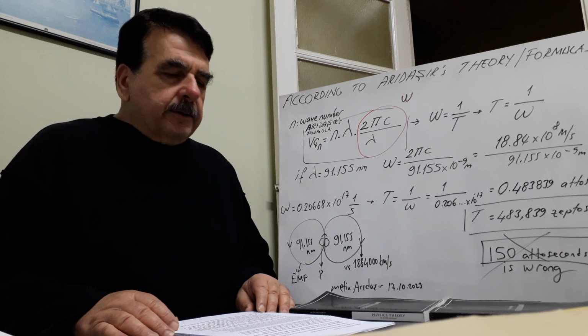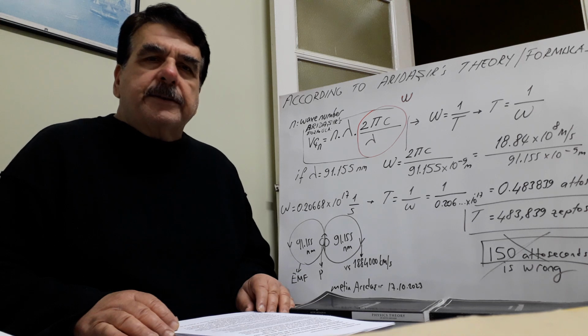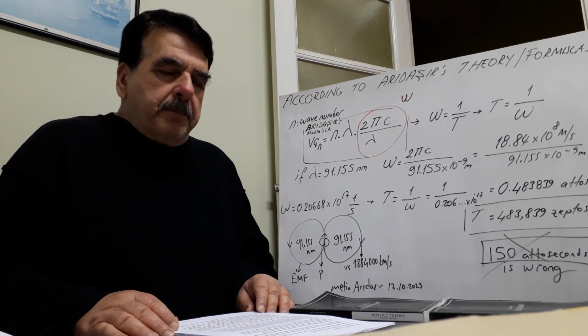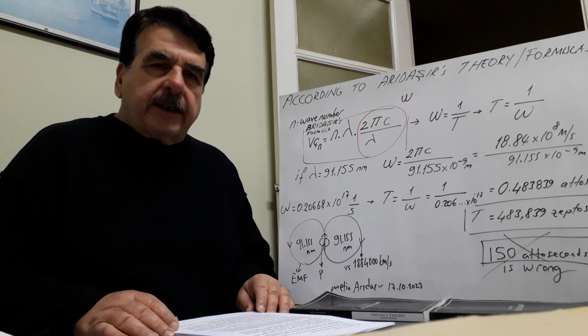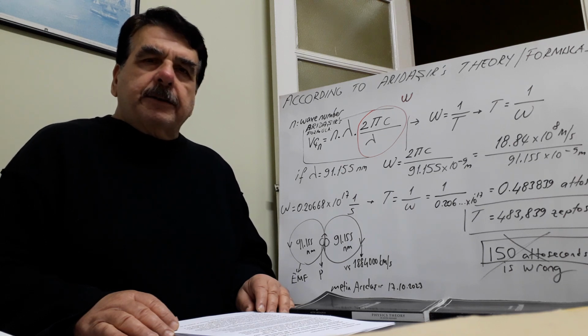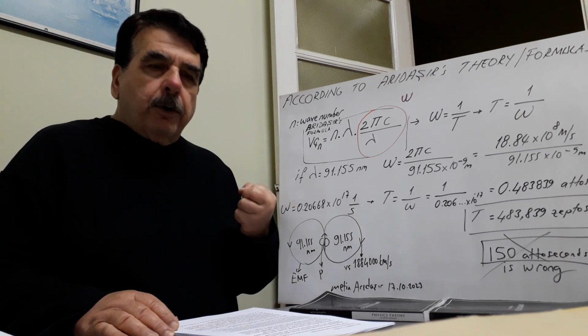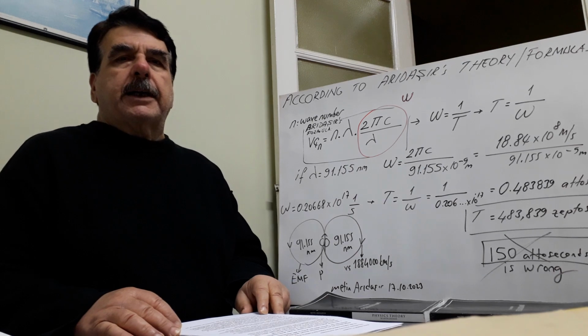They borrowed the attosecond timescale from Niels Bohr, because basically what they refer to is 150 attoseconds. The 150 attoseconds they get comes from Bohr's first energy level electron orbital velocity calculation.